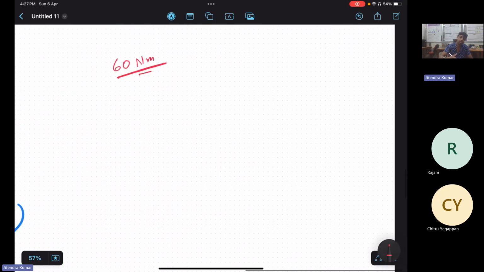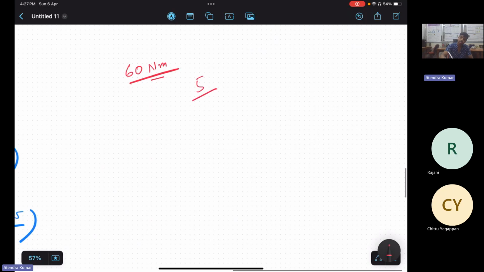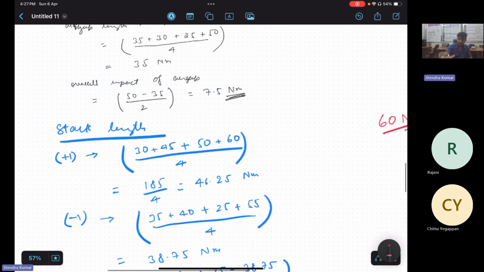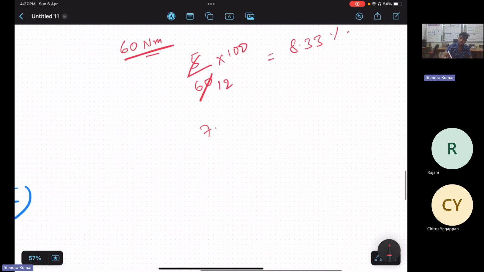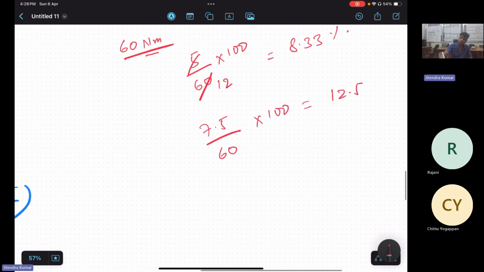So how much percentage? 5 by 60 into 100 is 8.33%. On the other hand, for air gap it is 7.5 Newton meter, so 7.5 divided by 60 into 100 is 12.5%.